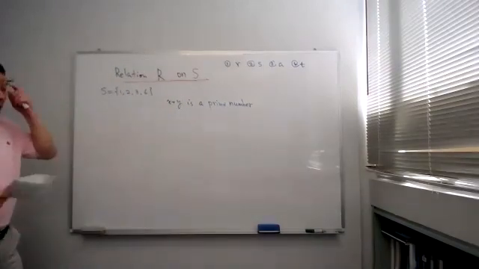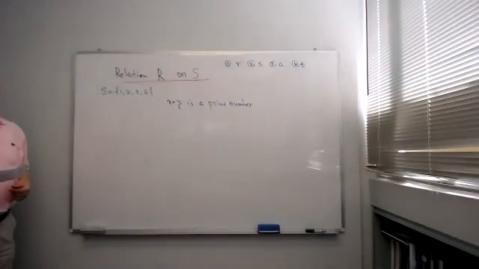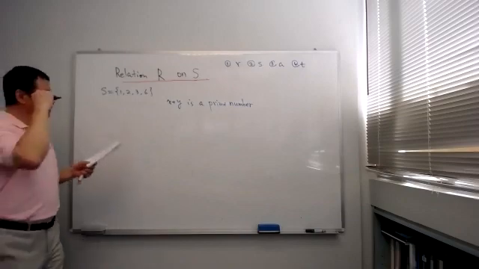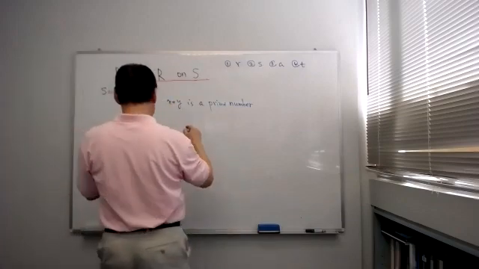So here, x is related to y if their sum is a prime number. So these four numbers, okay.